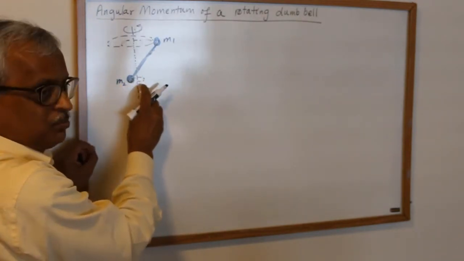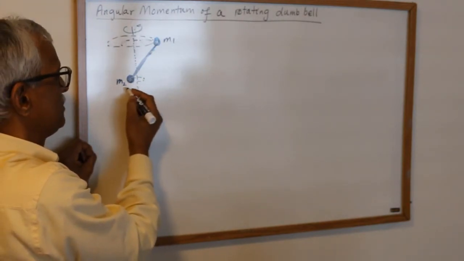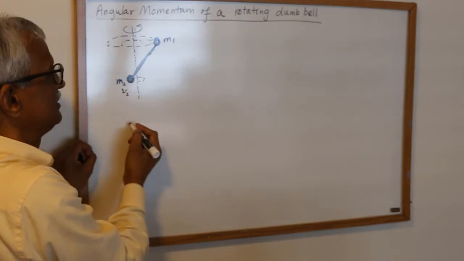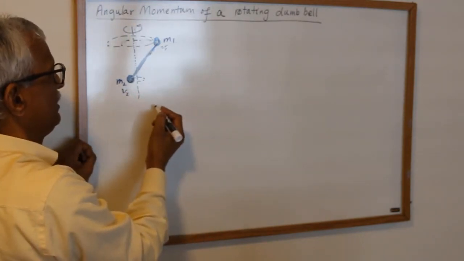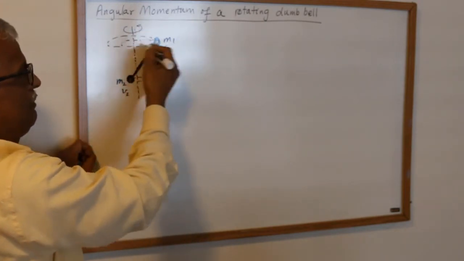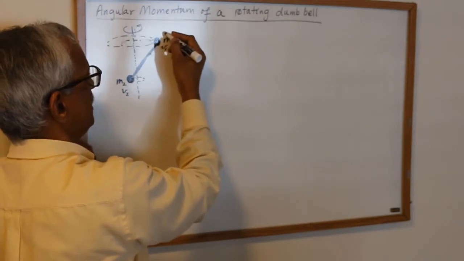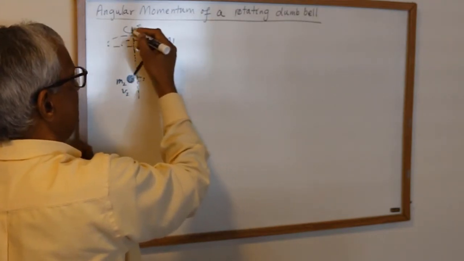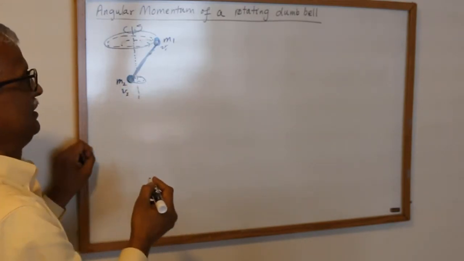But this circle is smaller, so this speed must be smaller. Let's call it V2, and let's call it V1. When this guy goes 2 pi, this guy goes 2 pi also.